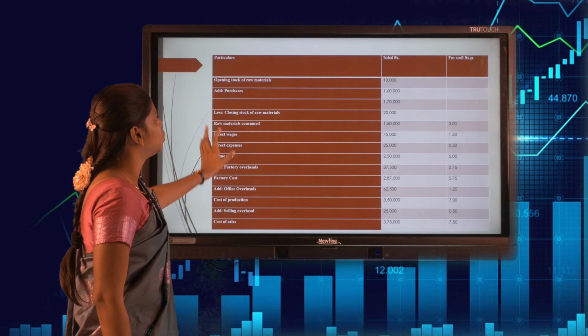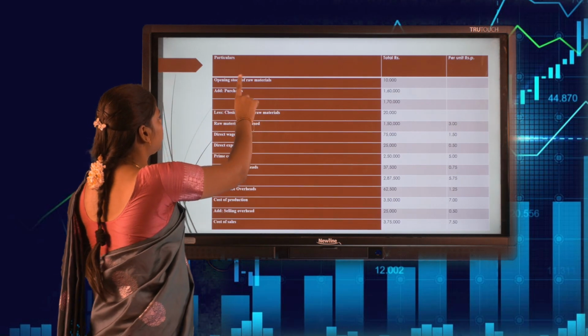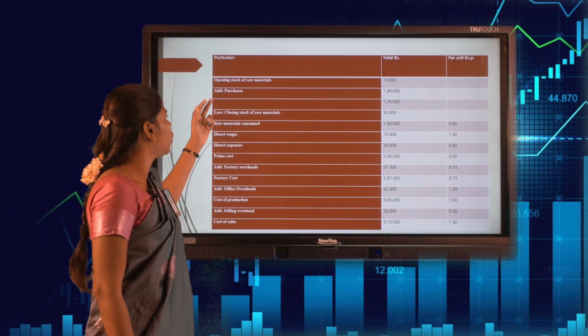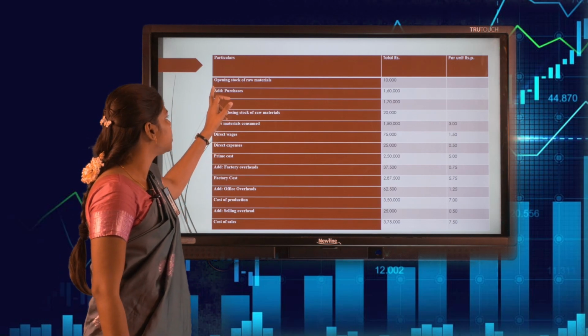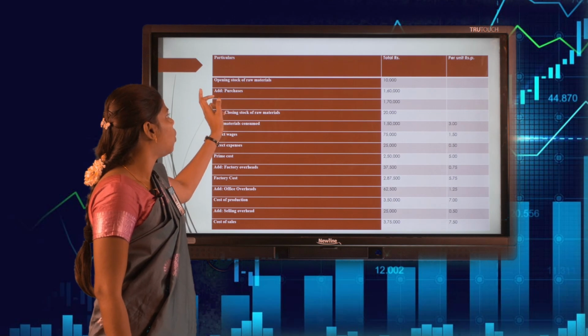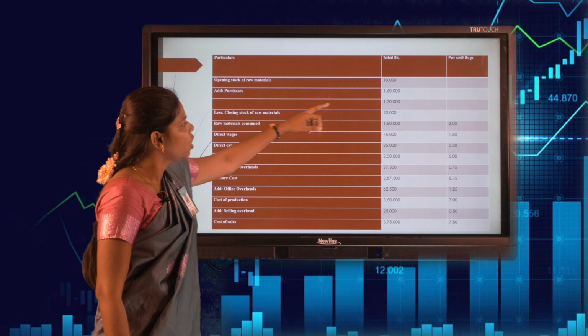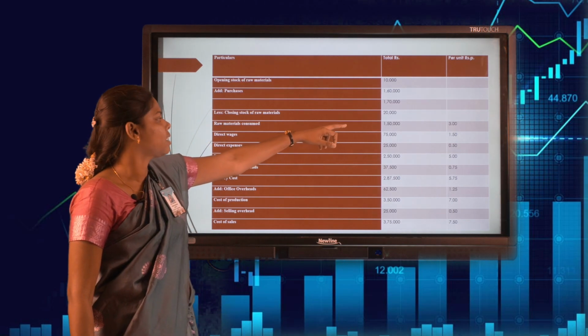So you have to draw a format. In particulars, direct material is not directly given, so you have to calculate the direct material, that is, the raw material consumed. First you place the opening stock of raw material, then add the purchases. So 10,000 plus 1,60,000, you will get 1,70,000.